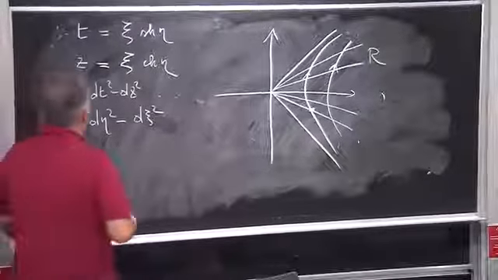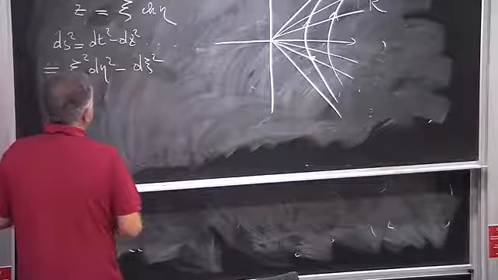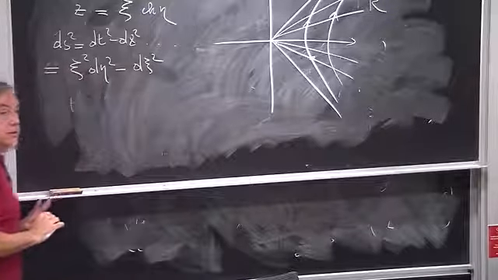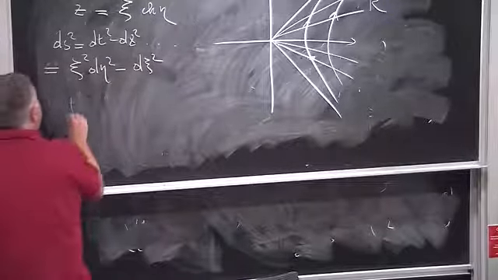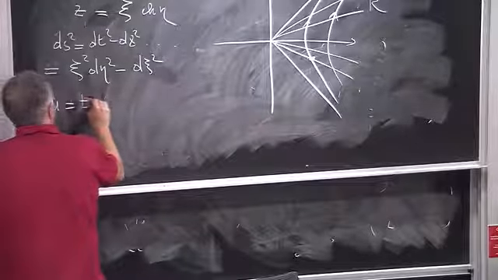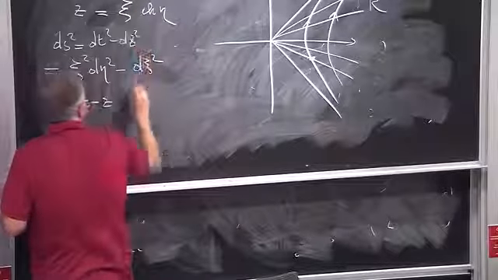Also, it is of the highest importance to pass to the light cone coordinates. U is t minus z. What is t minus z?